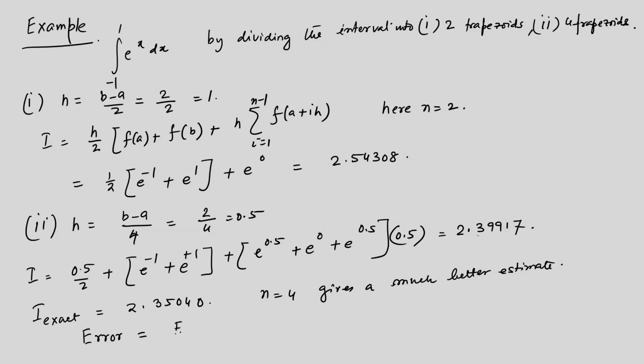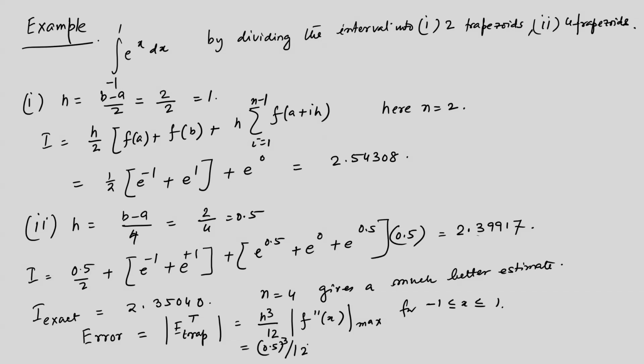So, this is equal to E trapezoidal, the truncation error, which is equal to h cube by 12 f double prime, and we calculate the maximum for x between minus 1 and 1, and this one actually comes out to be 0.5 cube divided by 12 into e to the power 1 and so on. If you calculate it, this will give you the error.